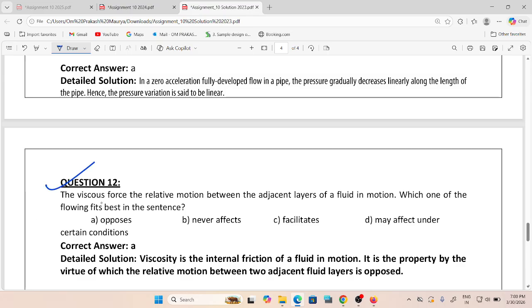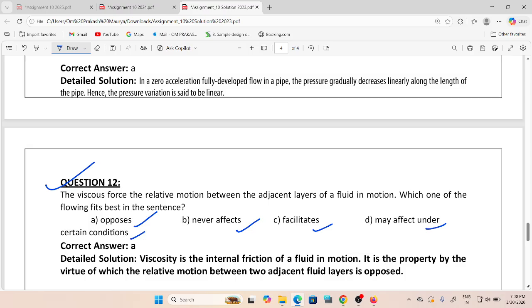Question 12: the viscous force, the relative motion between adjacent layers of the fluid in motion. Which one of the following fits best in the sentence? Whether it is oppose, never affect, facilitate, or may affect under certain conditions.